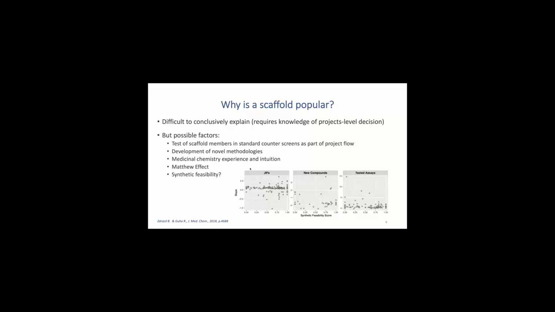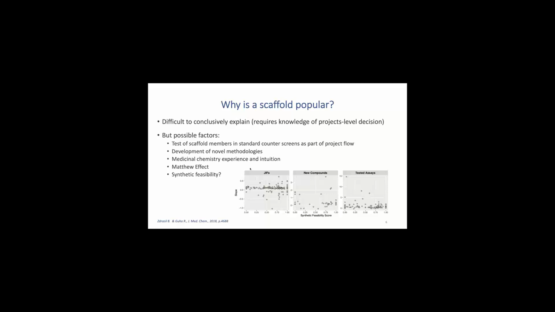Medicinal chemists, of course, who have done organic synthesis for a long time, are often driven by intuition and experience, and we have heard about this a lot in the literature even. This is really hard to simulate, I think, even with very fancy methods like AI. There is also something like the Matthew effect, right?